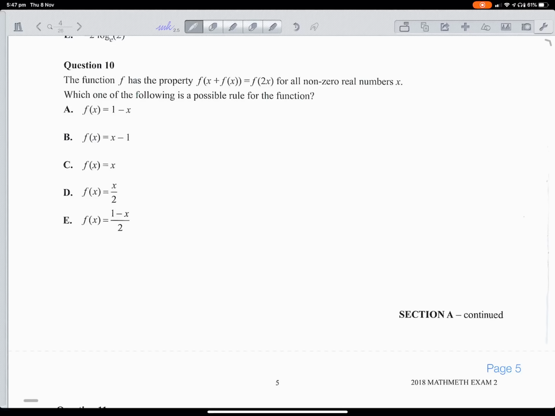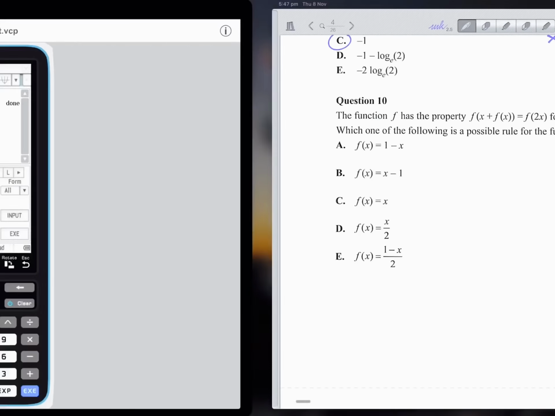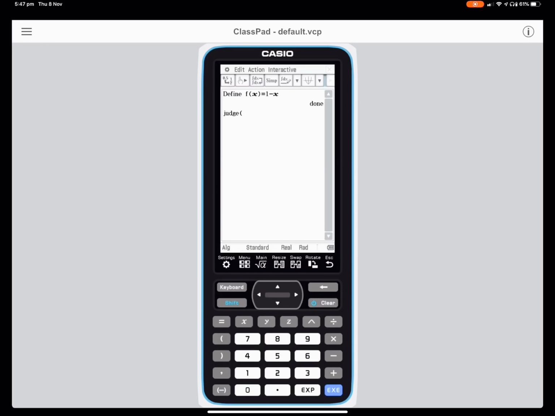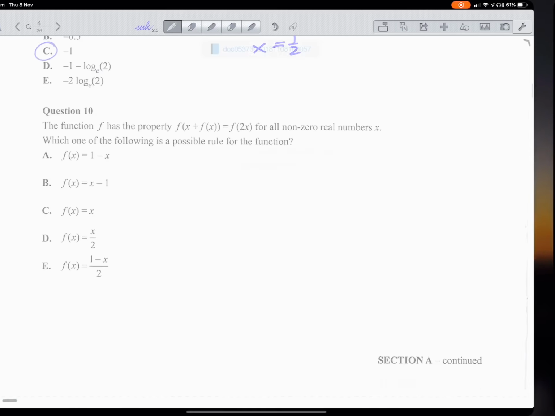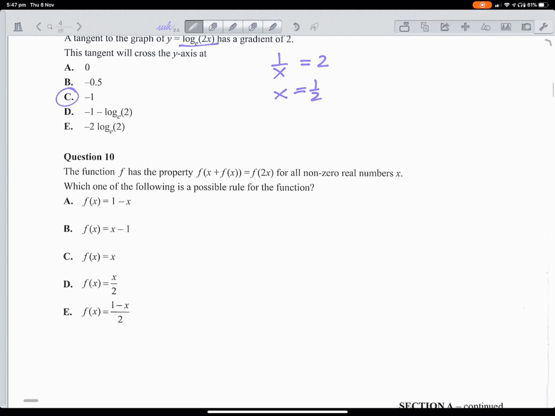f of x plus f of x equals f of 2x? Is that what it was?